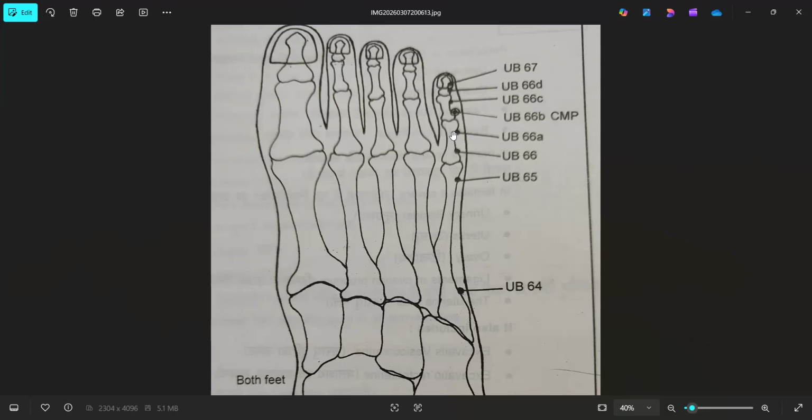In females, it covers, of course, the uterus, ovaries, and the vaginal canal, all that. So for any injury of this peritoneum, any ulcer, any burning sensation, you can use UB66A.